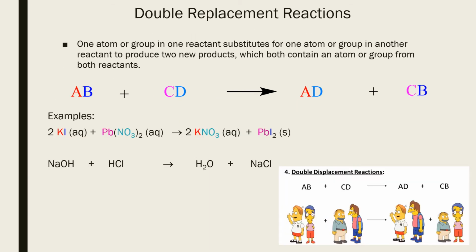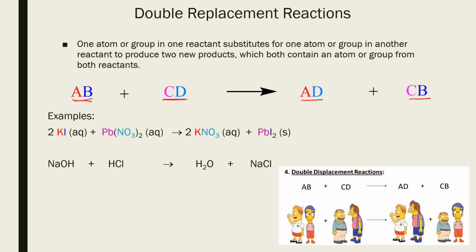In a double replacement reaction, one atom or group in one reactant, such as AB, will substitute for one atom or group in the other reactant, for example CD, and it results in the formation of two new products. In these two products it will appear that the pairs have switched their partners.